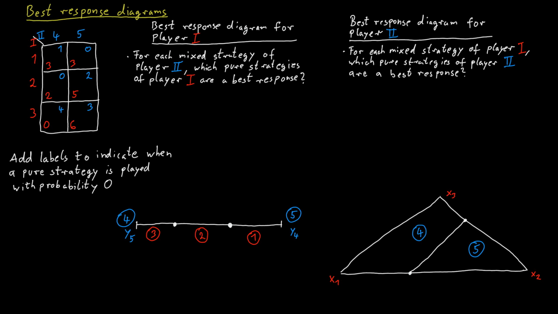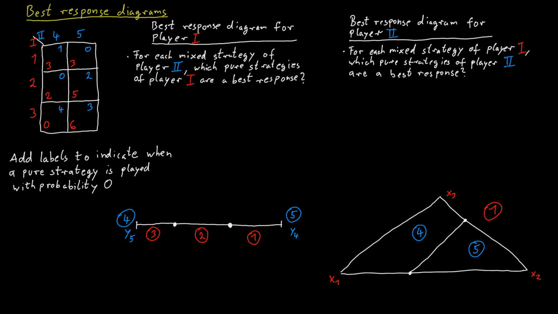And on the picture on the right, so the best response diagram of the second player, I have something similar. There, it's not a single point where particular strategies are played with probability 0, but it's an entire line. So the diagonal line from the top corner to the bottom right corner, on this entire line, strategy 1 is played with probability 0, because it's played with probability 1 on the opposite corner, right?